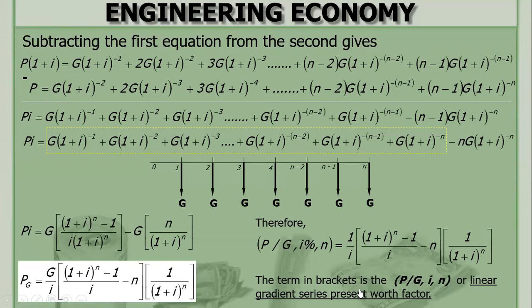The term in brackets is the P given G, i percent, N, the linear gradient series present worth factor. So this is for the G component. And for the total present worth, add also the present worth of the first component, the ordinary annuity.